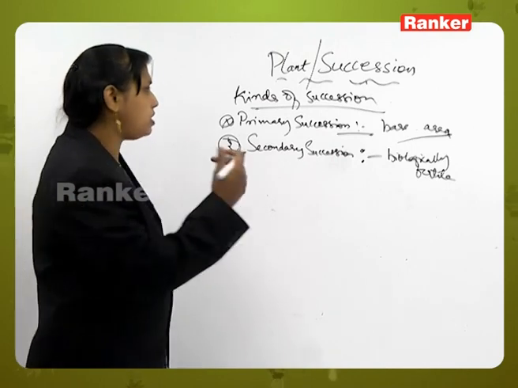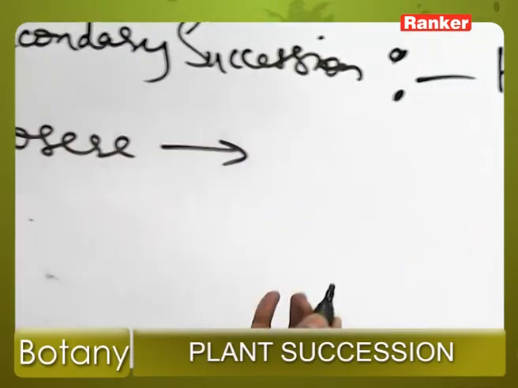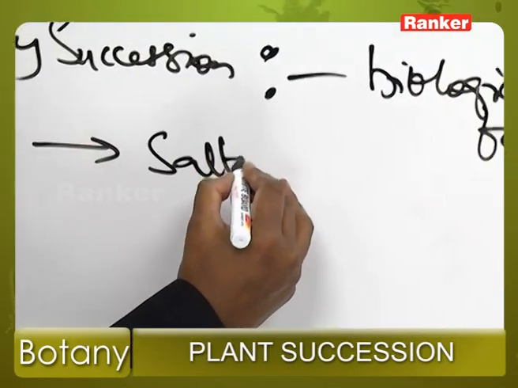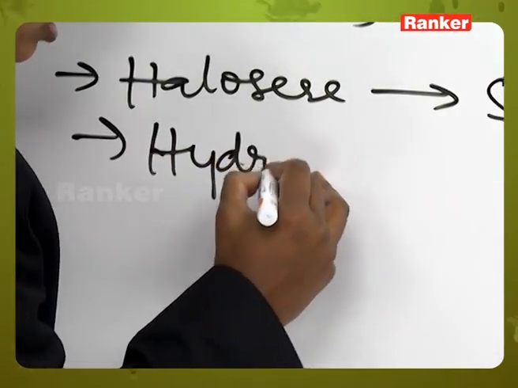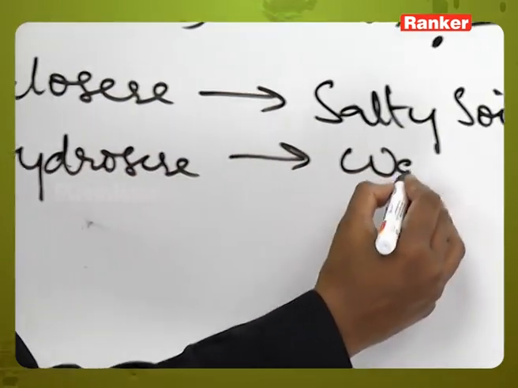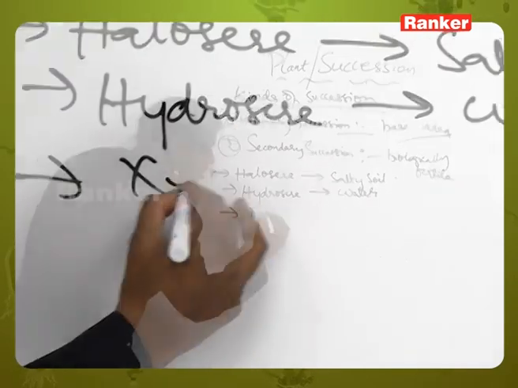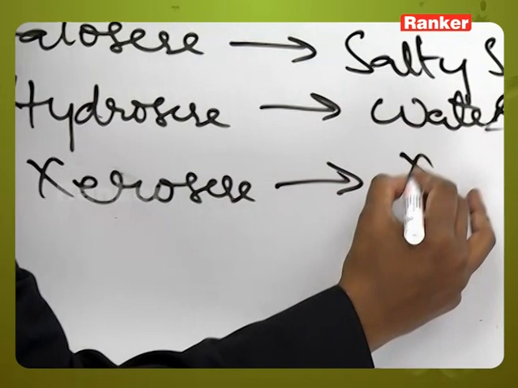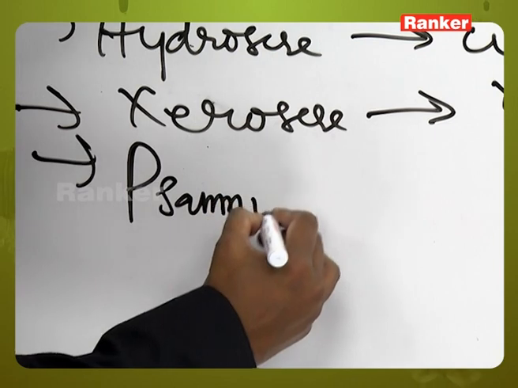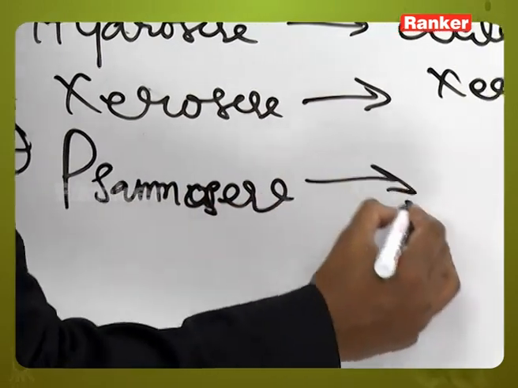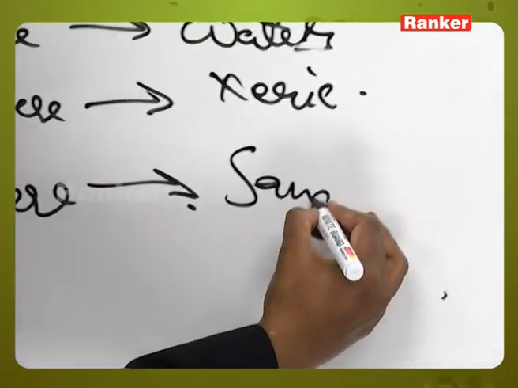Now this primary and secondary succession may be of different types on the basis of the area in which they are occurring. The first one is halosere. If the succession is occurring in salty soil, it is called halosere. If it is in water, in an aquatic habitat, then it is called hydrosere. Xerosere is in xeric conditions, in desert areas, and psammosere is when it is occurring in sandy habitat.